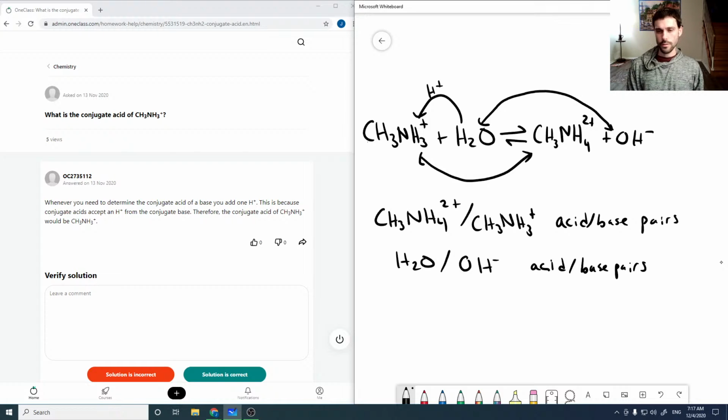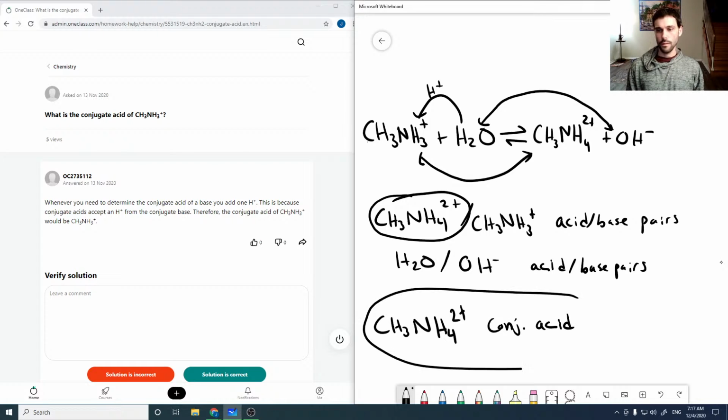And in this case, we're looking for the conjugate acid of CH3NH2, so CH3NH3 plus is going to be our conjugate acid. Okay.